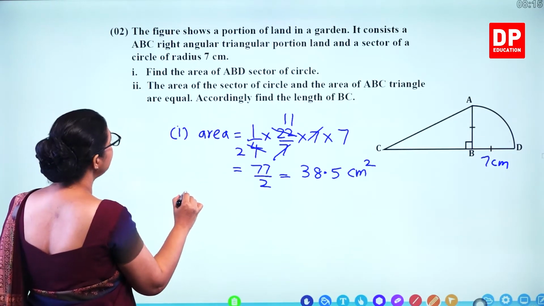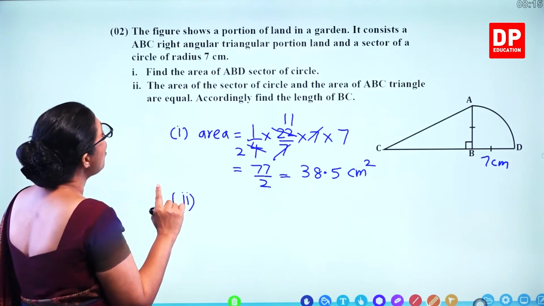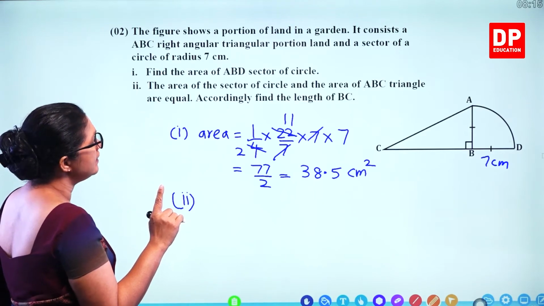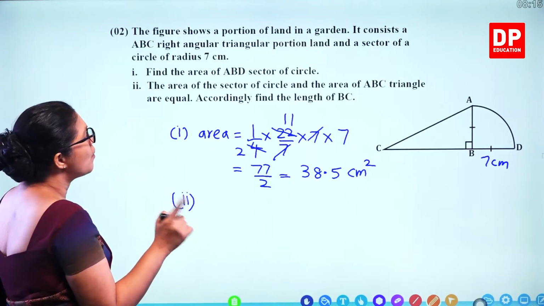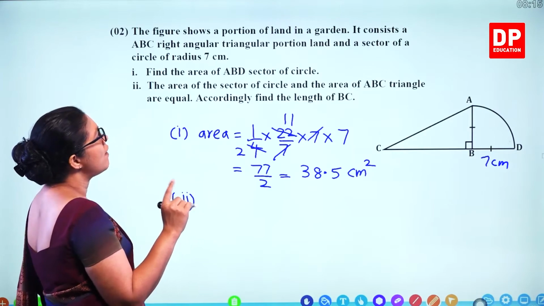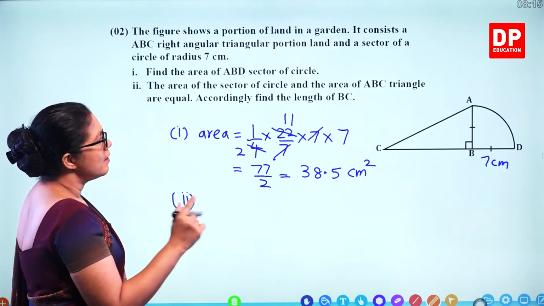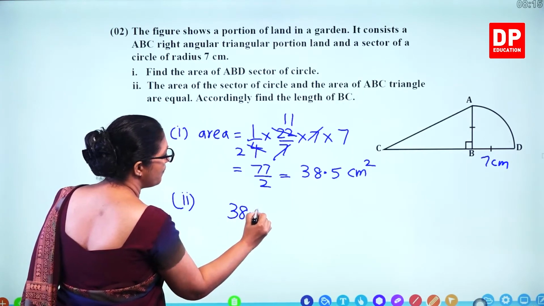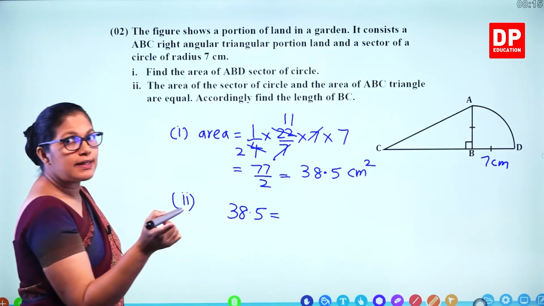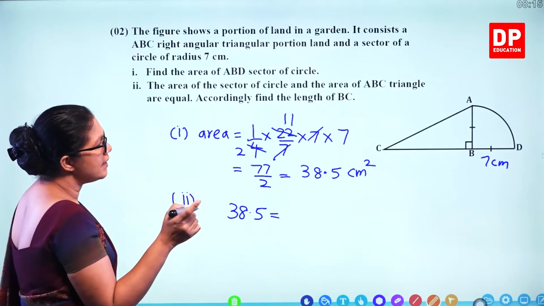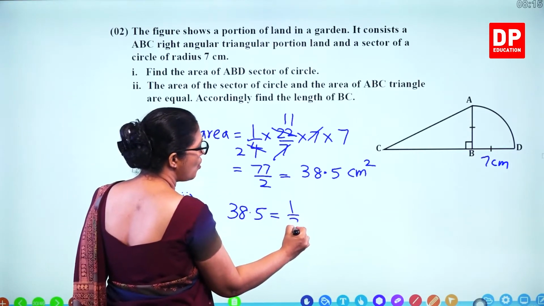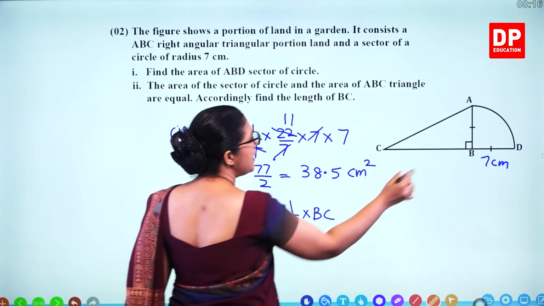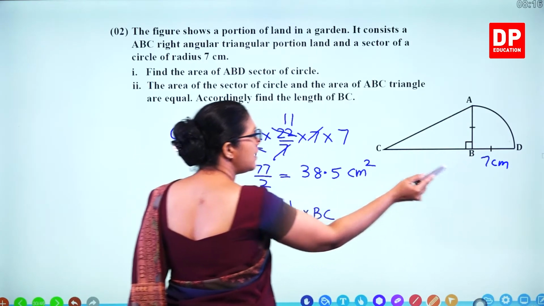Then the area of the sector of circle and the area of ABC triangle are equal. Accordingly, find the length of BC. So area we found, that's equal to area of the triangle. So how do you find the area of the triangle? Half into base is BC and the perpendicular height is the radius of the sector.